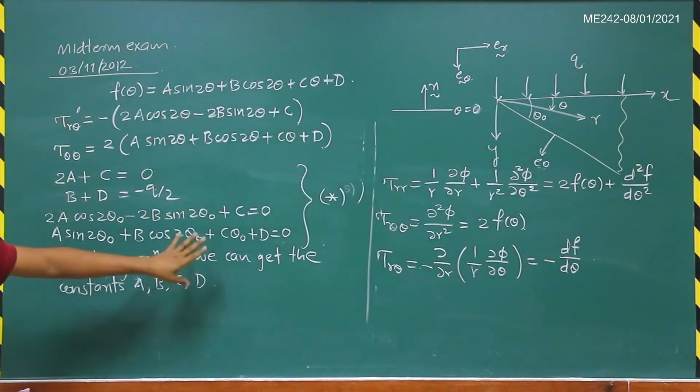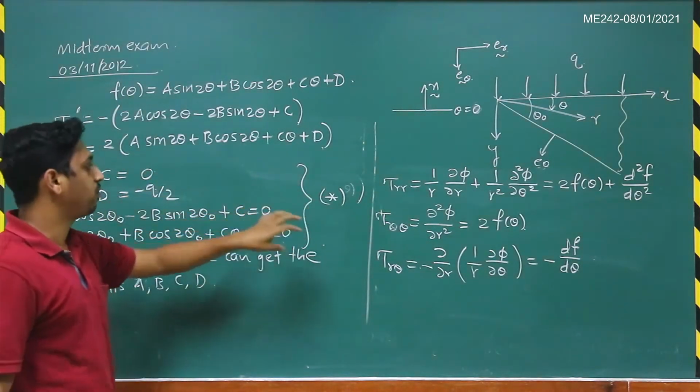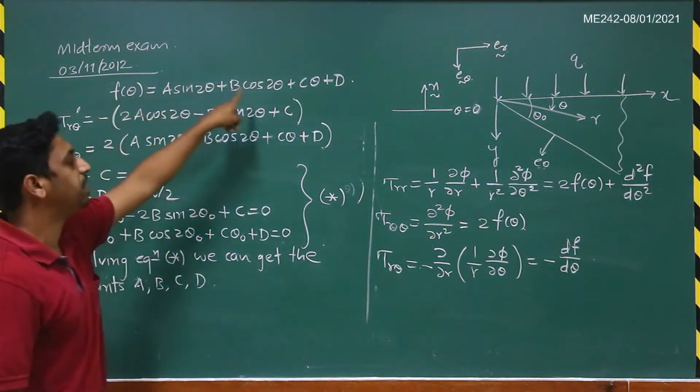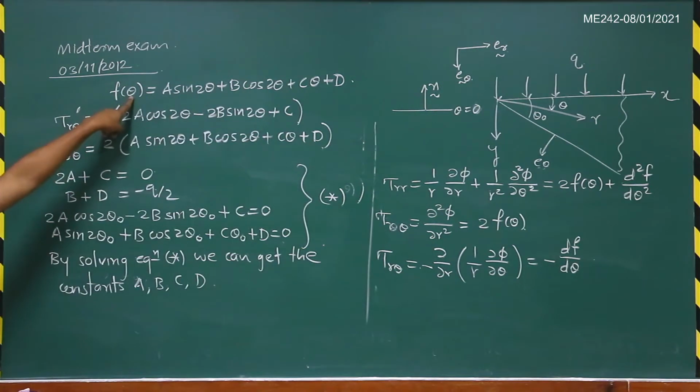So we are not asked to solve these equations, but we are just asked to find these expressions from which we can find these constants A, B, C, D, which can be put into this f of theta.